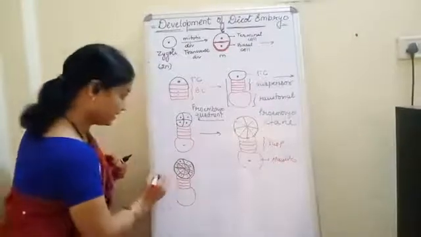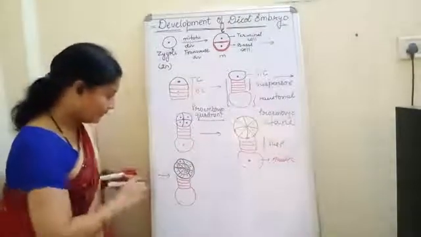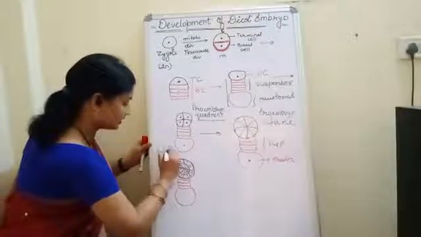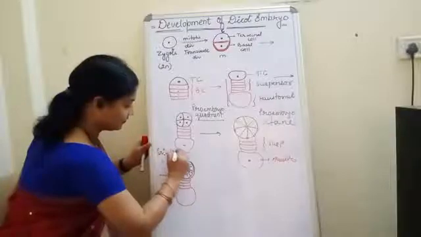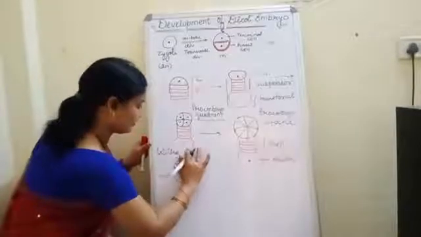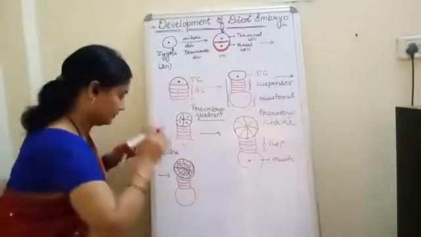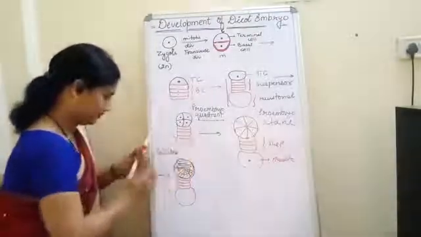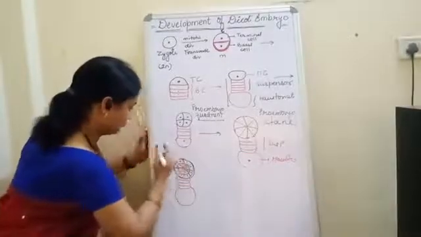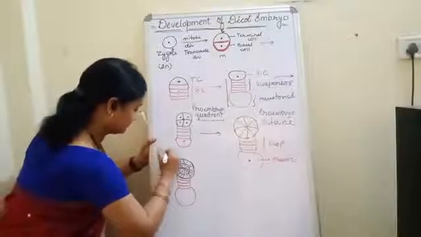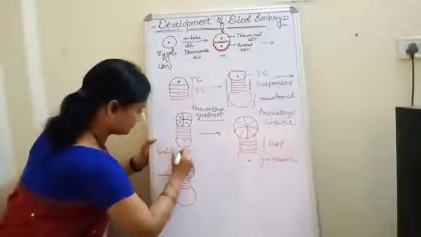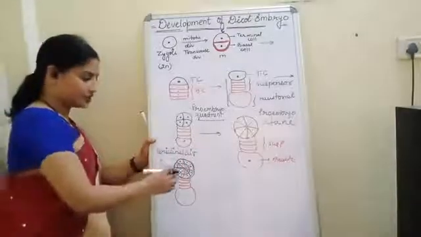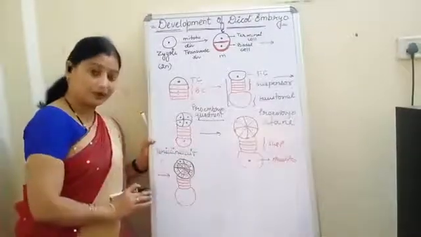What we can write here? This is the periclinal division. I am writing here. You should understand this. Periclinal. See. After the periclinal division, we get this type of structure.